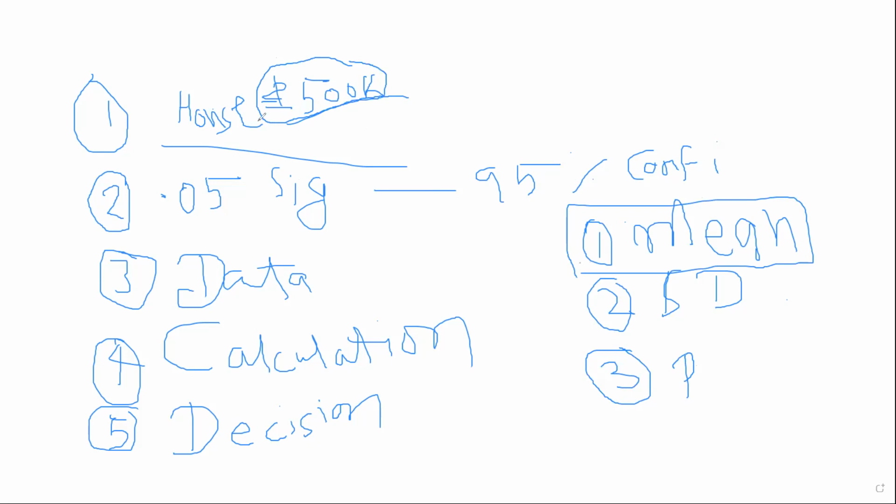Let me start. The first step is to write the hypotheses, null and alternative. What is the null hypothesis? What is the alternative hypothesis? The null hypothesis is written in this format: H0 colon mu equal to 500K.